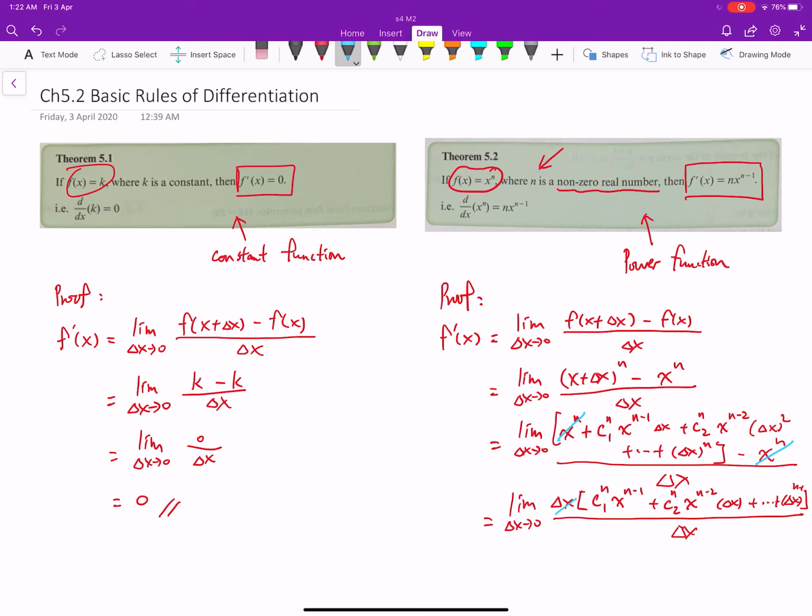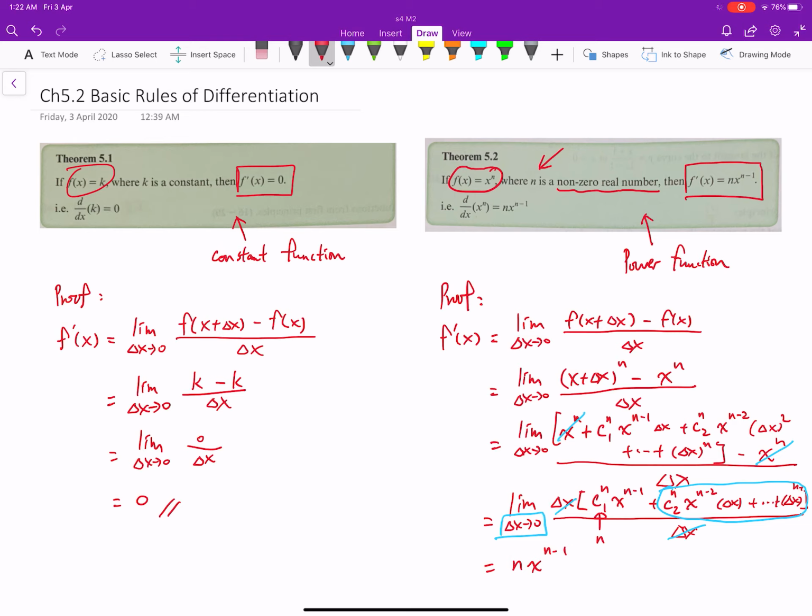These two again cancel with each other, and when delta x tends to 0, all these terms become 0 because they all have delta x. So finally we will get nC1, and nC1 is actually equal to n, so we get n x to the power n minus 1.